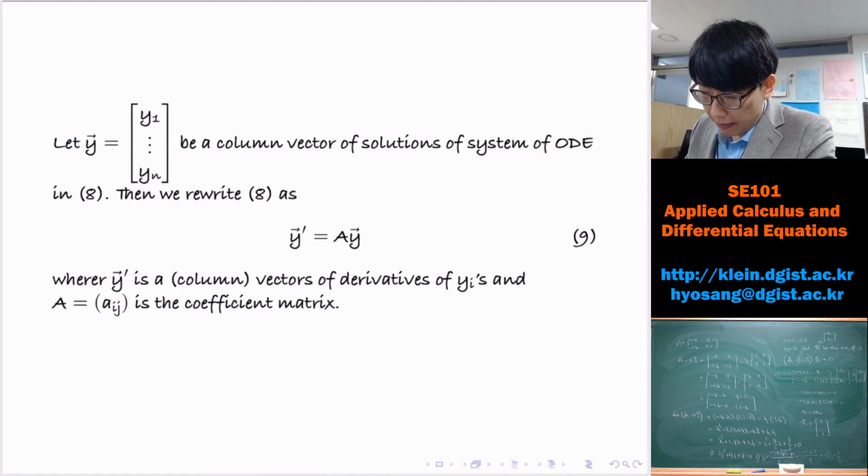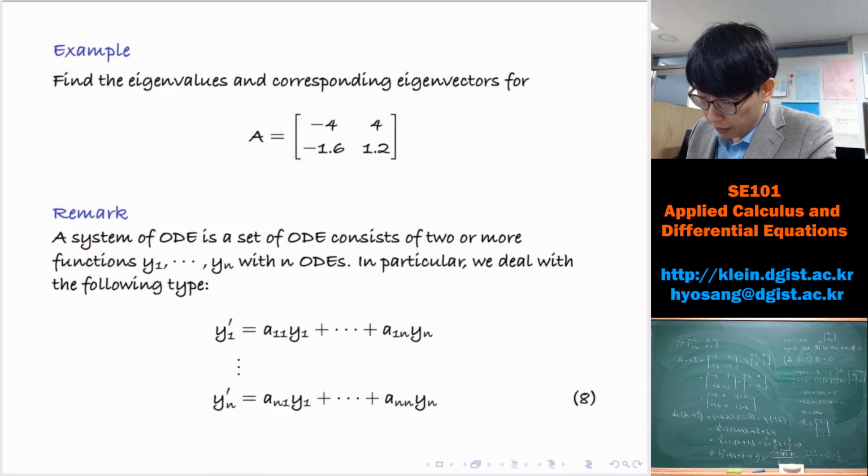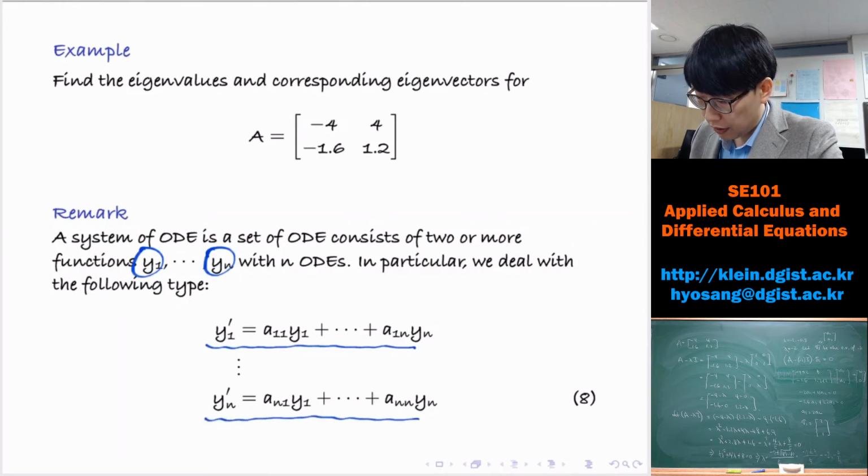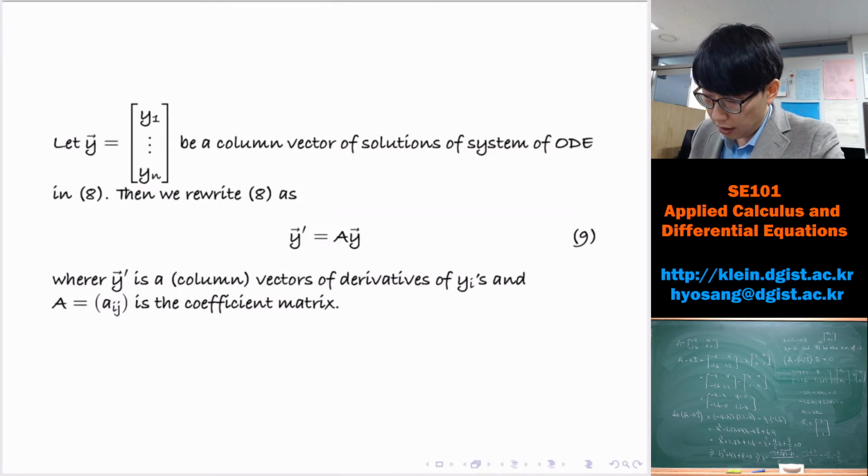So your system of differential equations can now be written as a matrix. Suppose that you have functions y1 to yn, and n first order differential equations written as follows.